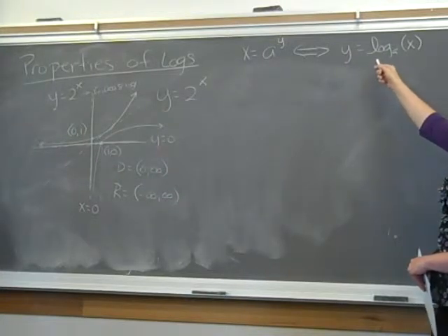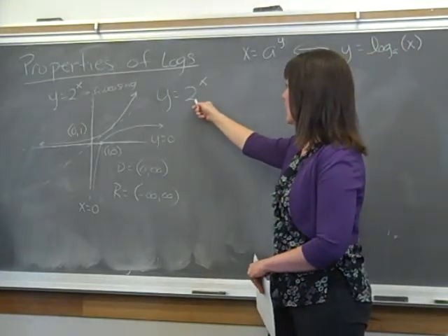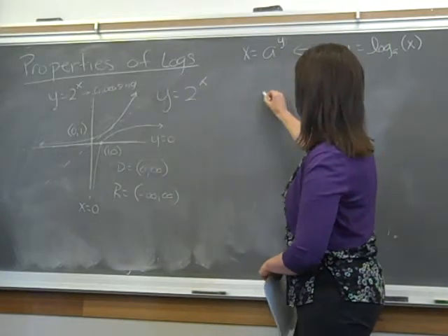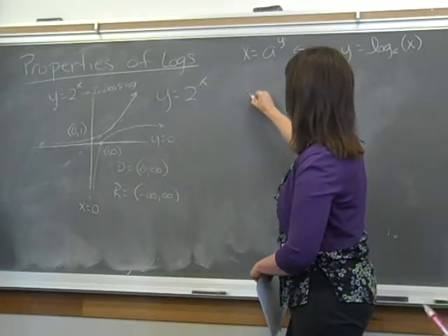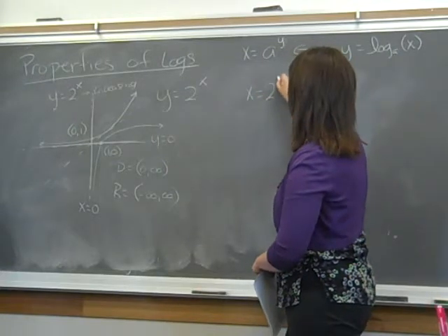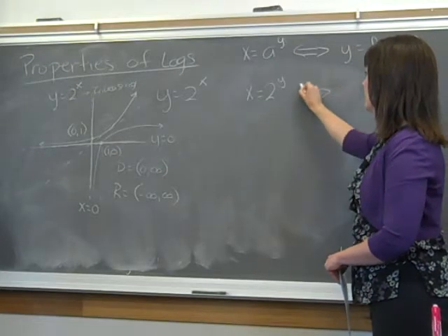Okay, let me show you what we can do here. Let's take this original equation. Let's do this one: x equals 2 to the y, and let's put it in logarithmic form.